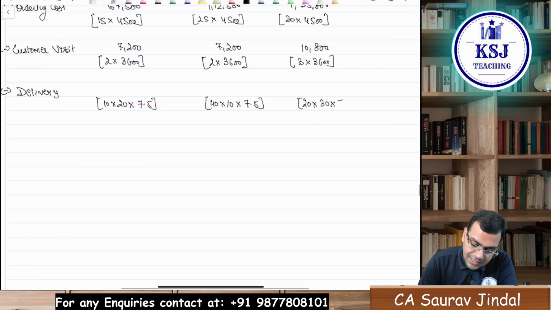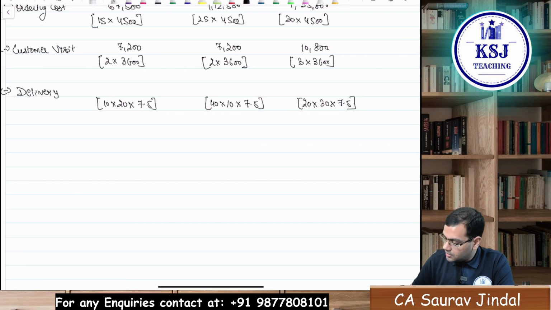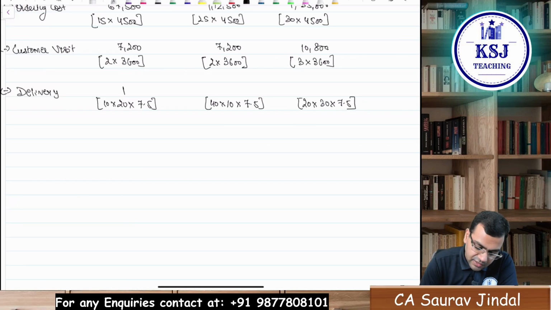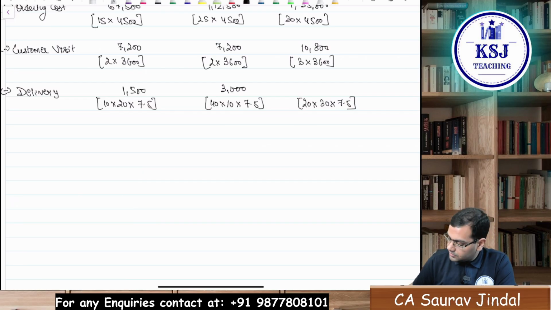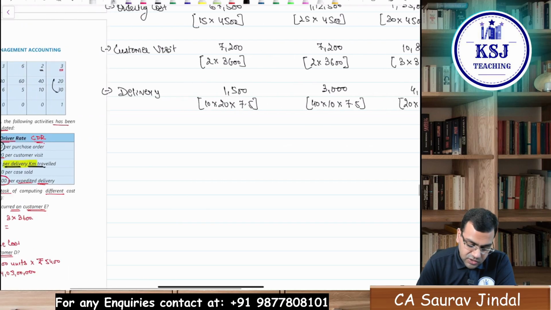So this is another important point where you have to be careful, sir. So this comes to 200 multiplied by 7.5, that comes to 1500. Then 400 multiplied by 7.5, that comes to 3000. And the last one is 4500. So this is your deliveries cost.